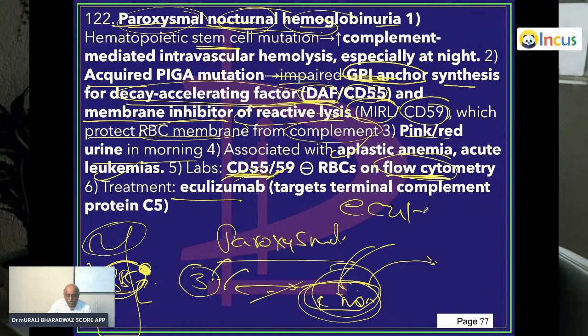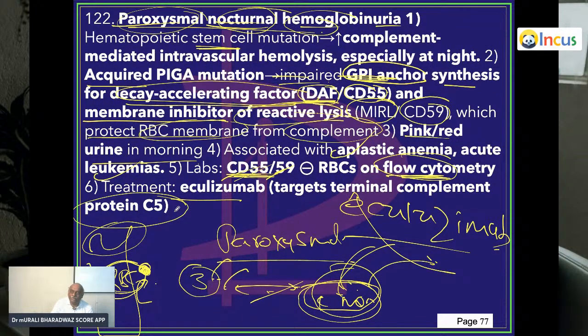Eculizumab. What is the drug name, doctor? Eculizumab. What it will do? Who is the villain? Complement complex. That is the terminal complement component pathway, which is called membrane attack complex, MAC, not Windows, MAC, membrane attack complex. From where to where? C5, C6, C7, C8 combine to form the late components of the complement pathway.